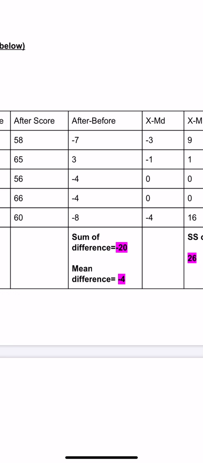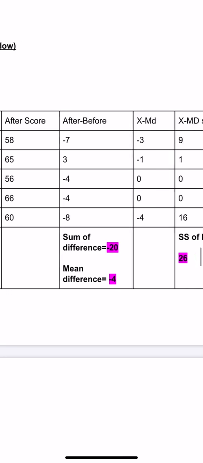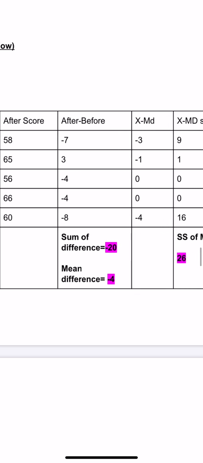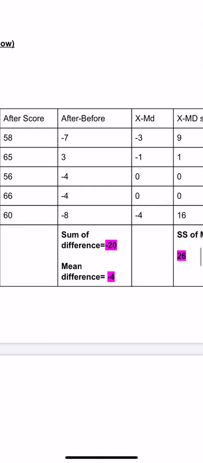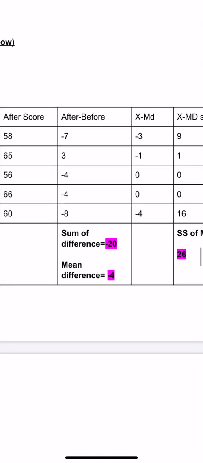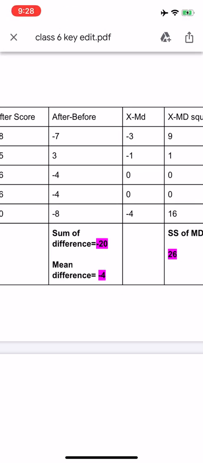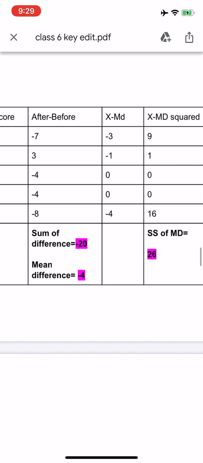When you do a negative minus a negative, the 2 negative signs next to each other equal positive. So it's like saying -7 plus 4 equals -3. 3 minus -4 is -1. -4 minus -4 is just like saying -4 plus 4, which is 0. Same goes for the next one. And -8 minus a -4, those minus signs combine and turn to a plus, which equals -4.